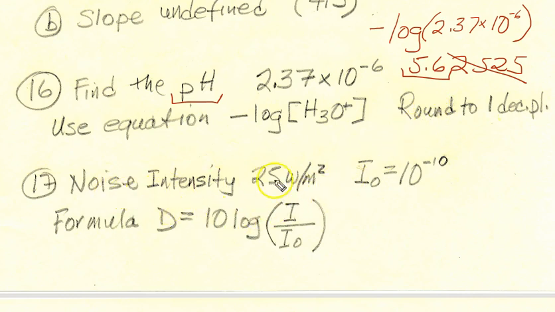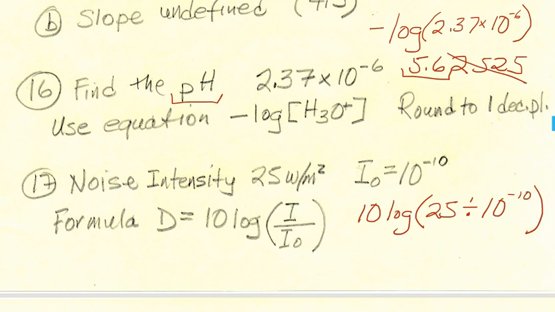All right, let's see what you get when you put this as your I sub O, your initial value, which is going to go here. The 25 goes in the numerator. You should get something like this, 10 log. Then the parenthesis will come, and you're going to put 25, and then divided by 10 to the negative 10, and then see what you get.